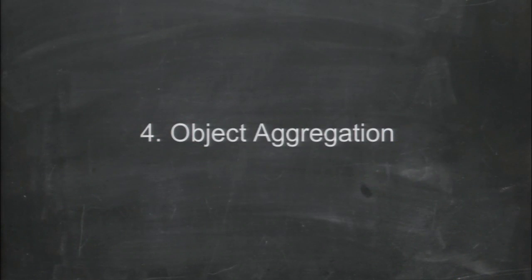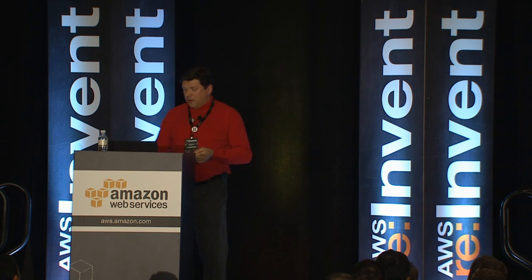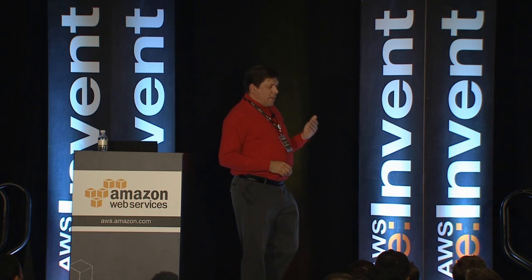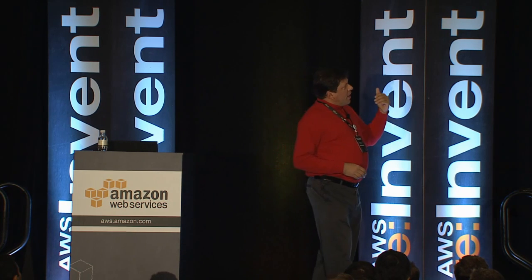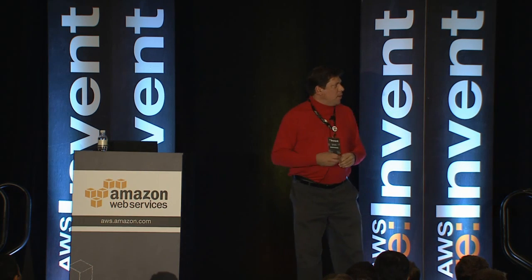Another tip or trick that one can use, and this is kind of a specialized case, is this idea of object aggregation. If you have millions and millions of objects and they're all relatively small, there's a couple of problems that can happen. Well, not really problems, but it can take a really long time to upload these.